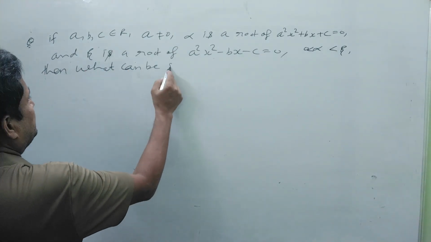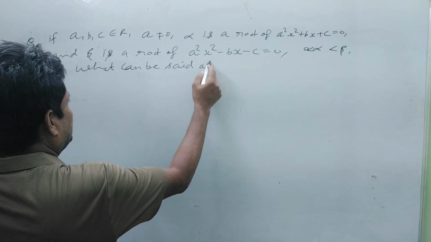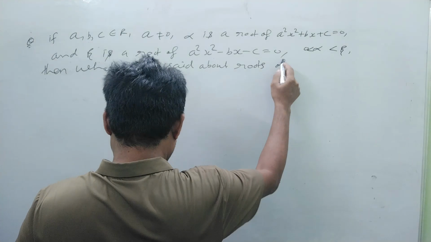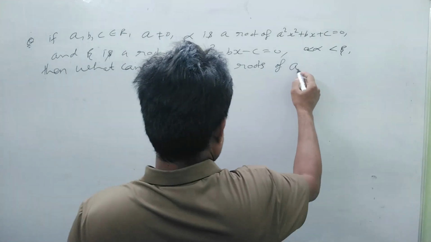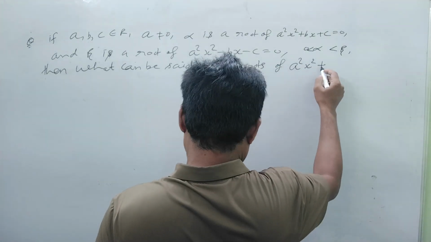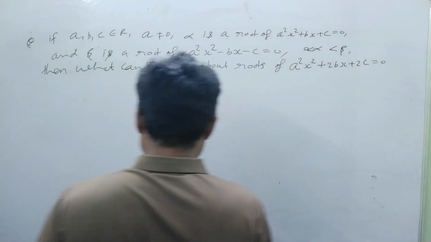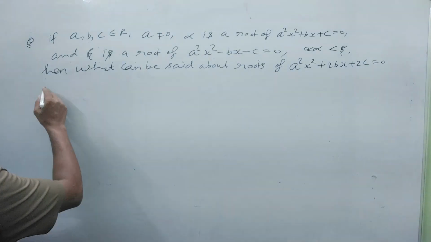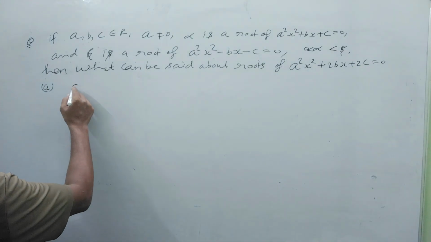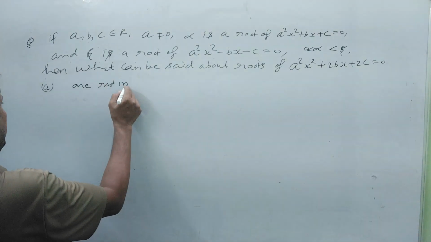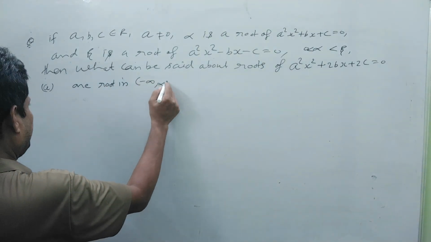What can be said about the roots of a²x² + 2bx + 2c = 0? Options are given. The first option is: one root in minus infinity to alpha.